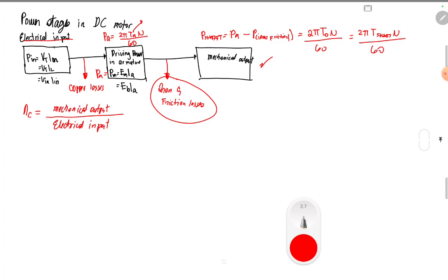Or this is equal to mechanical output divided by mechanical output plus power in our iron and friction plus our EBIA plus our copper loss.